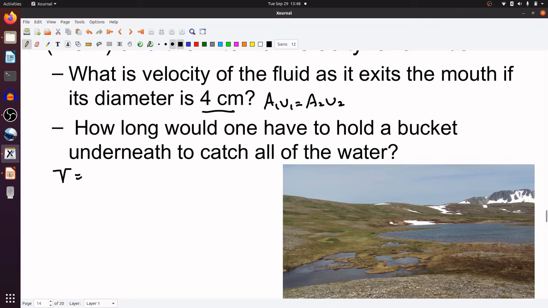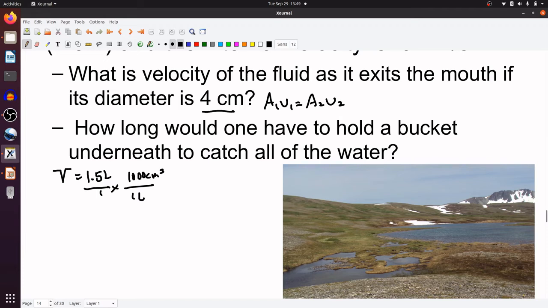We know our volume is equal to 1.5 liters, which we can't use, so we need to get rid of liters. How do we do that? Well, I know 1 milliliter is a centimeter cubed, so 1,000 milliliters, or 1 liter, is going to be 1,000 centimeters cubed.